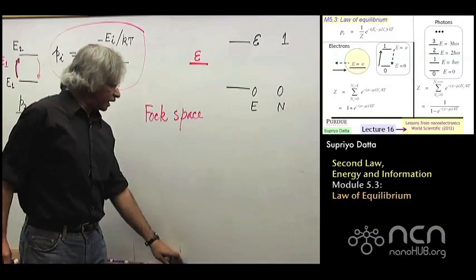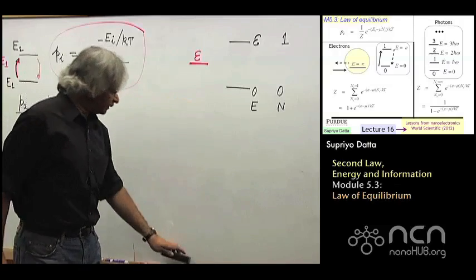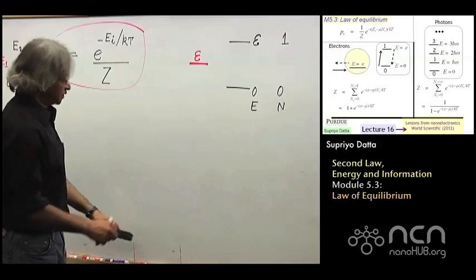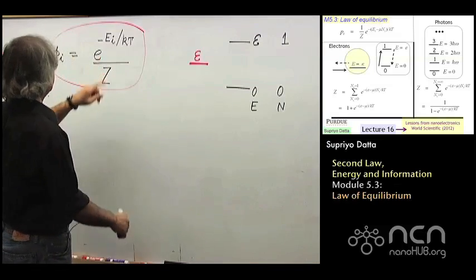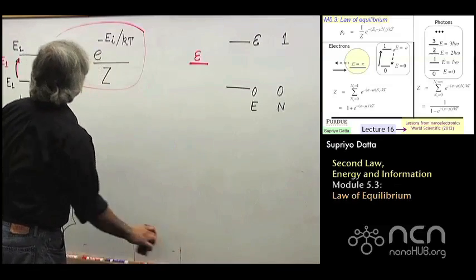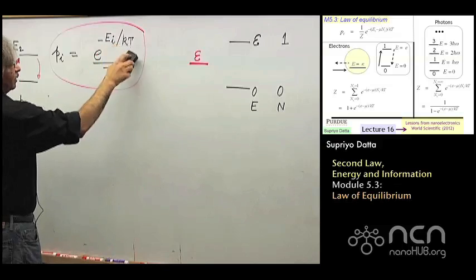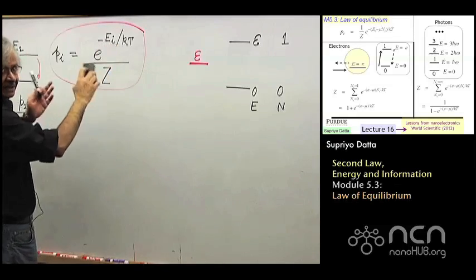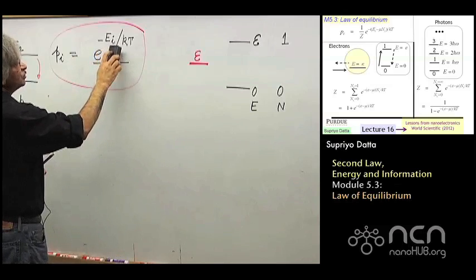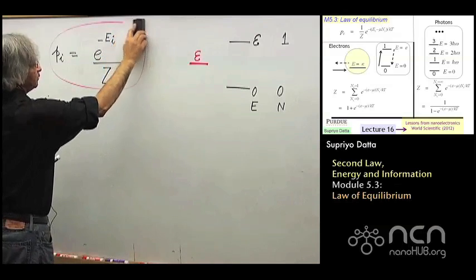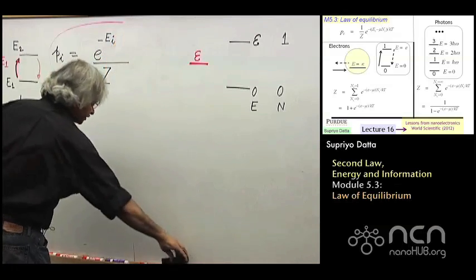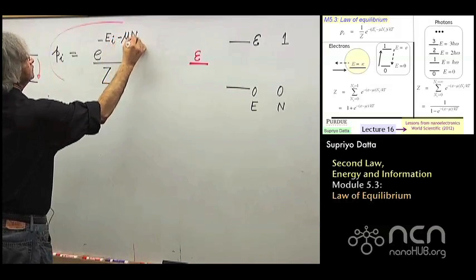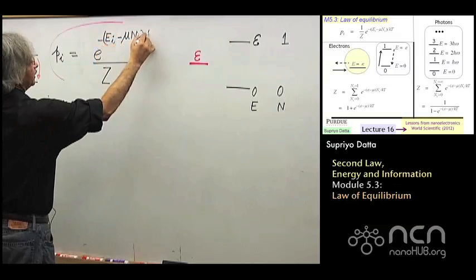Okay? Now, when I want to apply the general principle, the number of electrons is also involved. So earlier I had said that I was writing E, but if electrons are involved, you should use E minus mu N. So it is Ei minus mu Ni over kT.